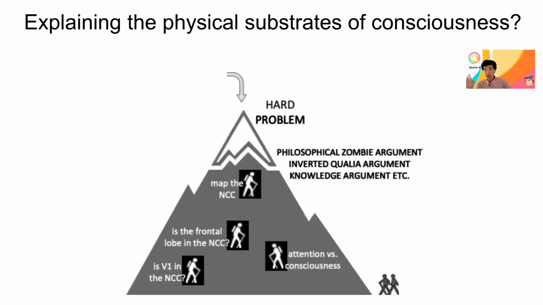So regardless of the details, what IIT tried to do is that rather than building up from below to attain the summit of the hard problem, it tries to go from above, characterizing consciousness first, through existence, composition, information, integration, and exclusion, and then trying to understand what mechanism can explain all these five properties.